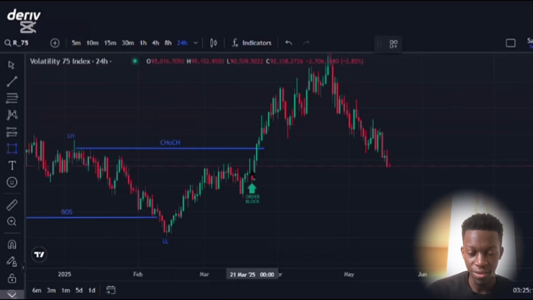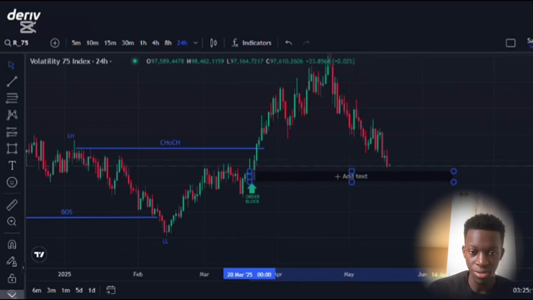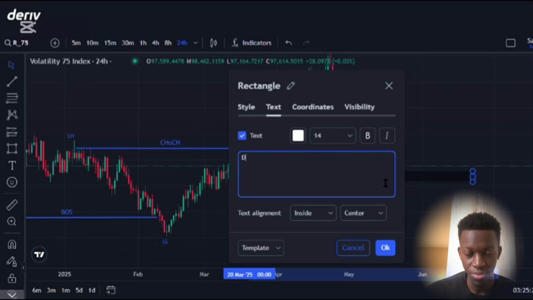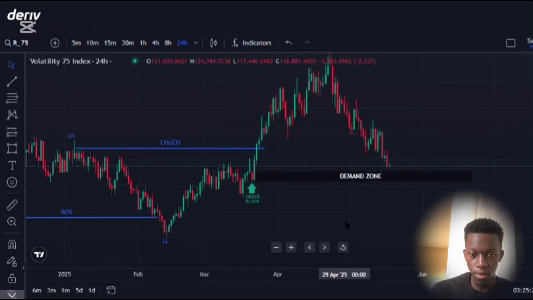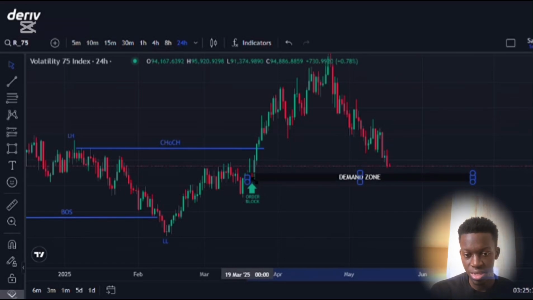Like I said, if you identify the order block, you automatically identify the demand zone or the supply zone. Since in our case we're looking at a point at which the market is now becoming bullish, this will be our demand zone. So that same order block will determine the demand zone.